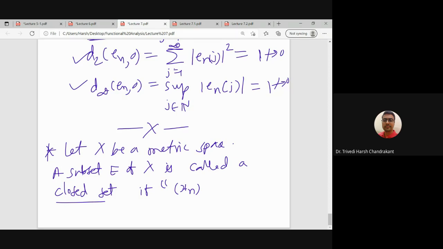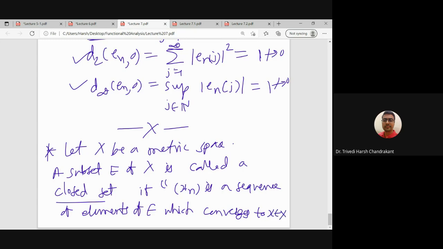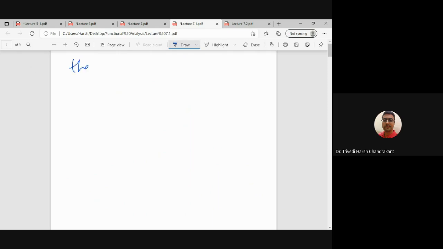So if Xn is a sequence of elements of E which converges to x belonging to X, where X is the metric space and E is a subset of X, then x must be in E. Right.